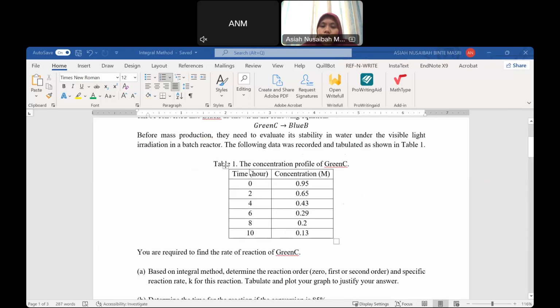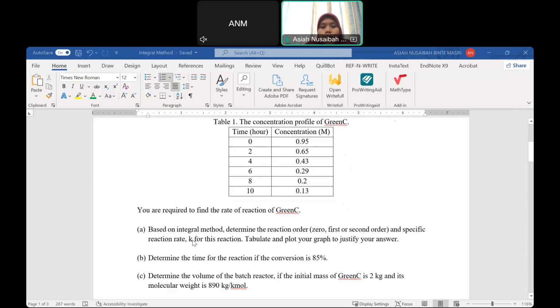Here we have Table 1, the concentration profile of green C. We have several data of time versus concentration. Okay, you are required to find the rate of reaction of green C. So we have to write the rate law, hence we need to know the reaction parameters. Part A, based on the integral method, so it is already mentioned which method we have to use.